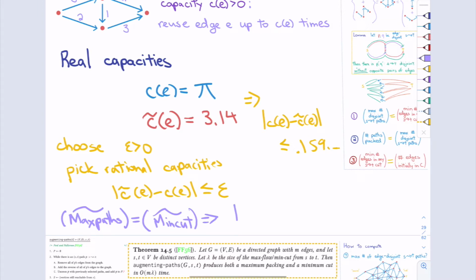So what that tells me is that with respect to the original capacities, the real valued capacities for which we don't yet have a theorem, this value is at most epsilon times m, or maybe 2 times epsilon times m or something. M just because every edge has changed by epsilon.